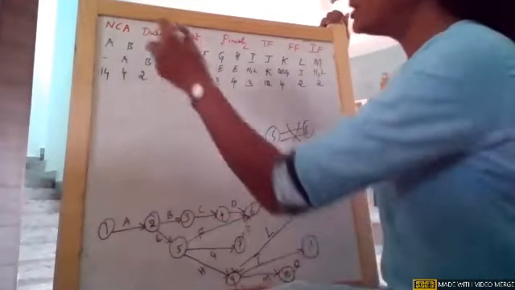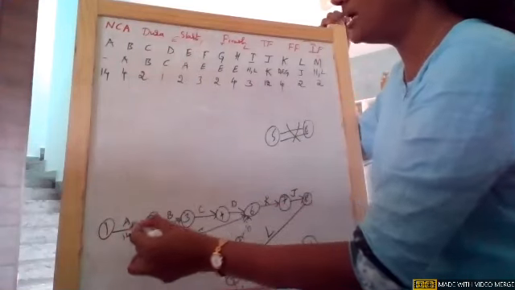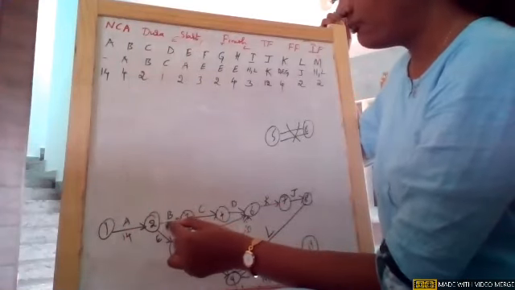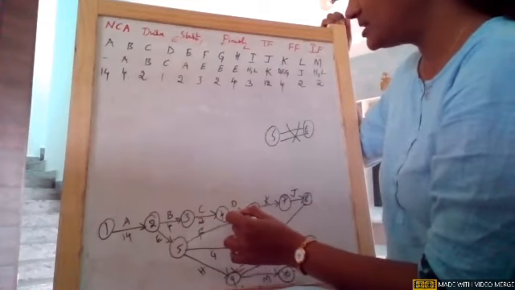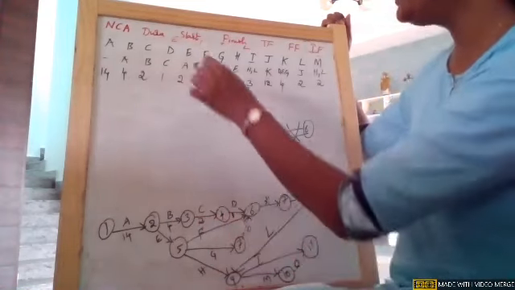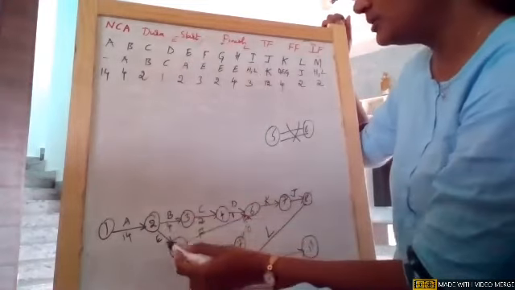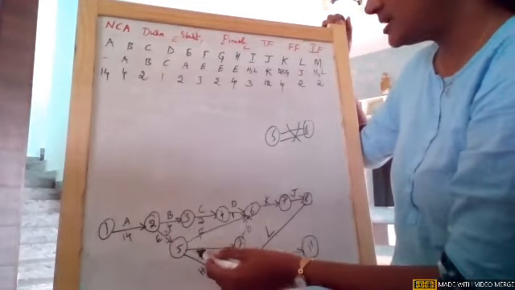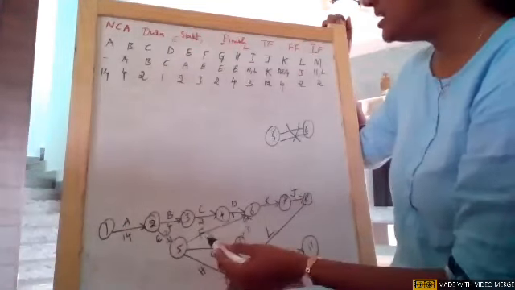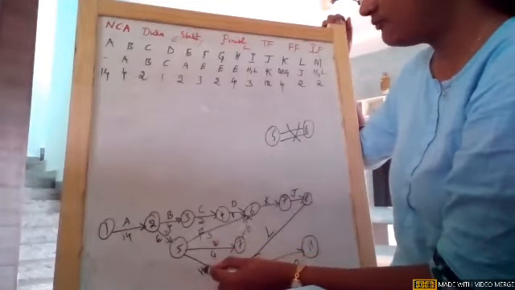So now we'll start. First, we'll take the durations. A is 14, B is 4, C is 2, D is 1, E's duration is 2, F's duration is 3, G is 2, H is 4.